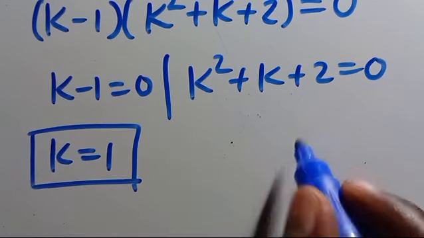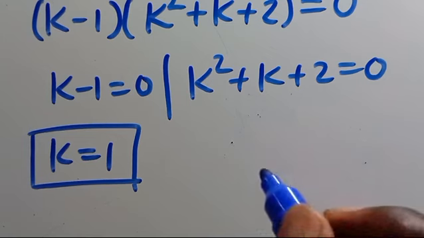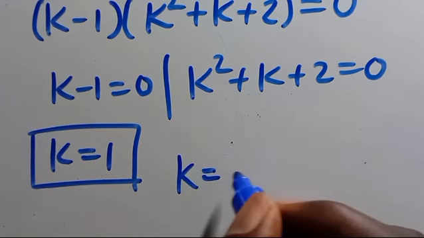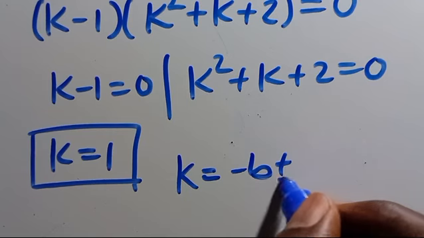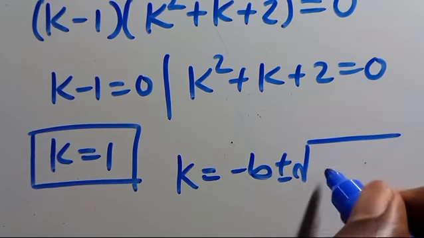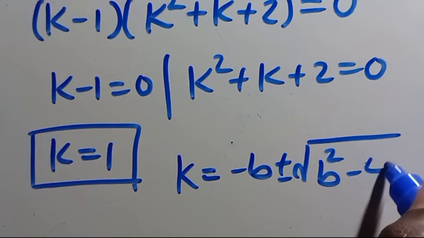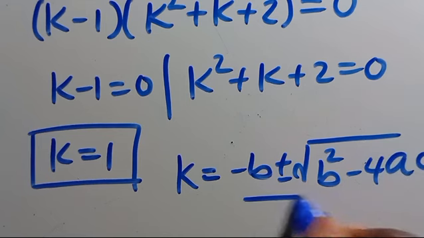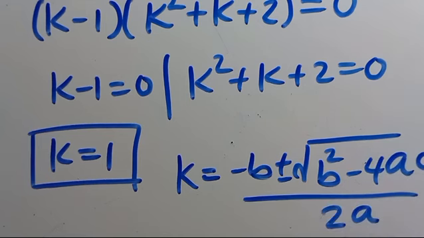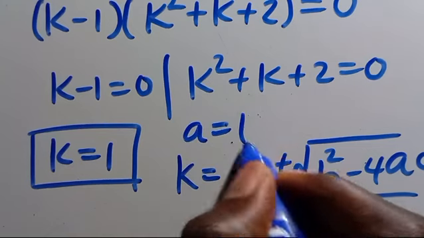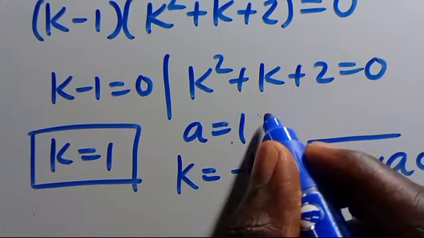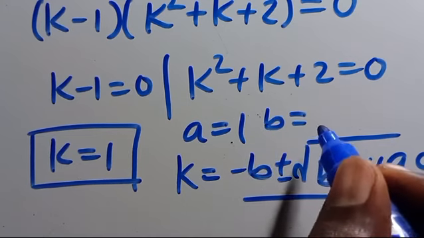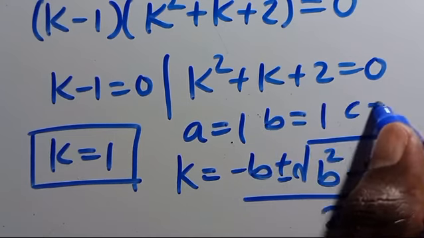Then to solve for this, we have to apply the quadratic formula: k equals minus b, positive or negative, square root of b squared minus 4ac, divided by 2a. Where a, the coefficient of k squared, is 1, b, the coefficient of k, is 1, and c equals 2.